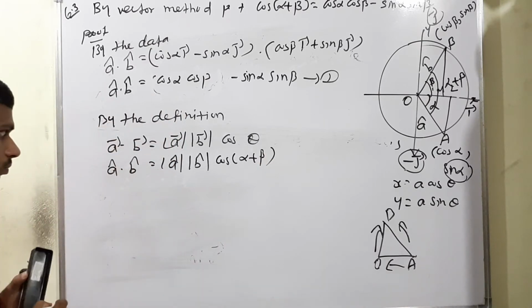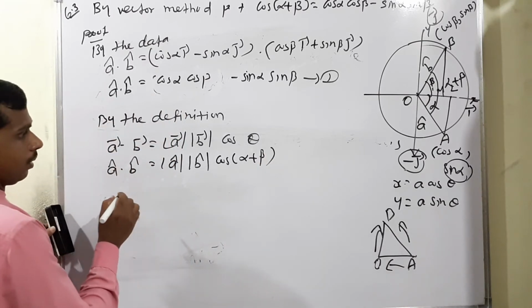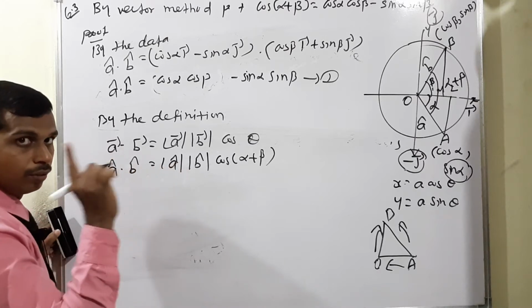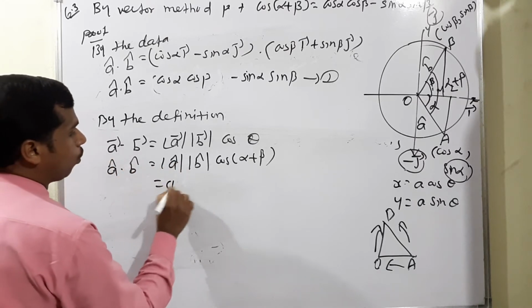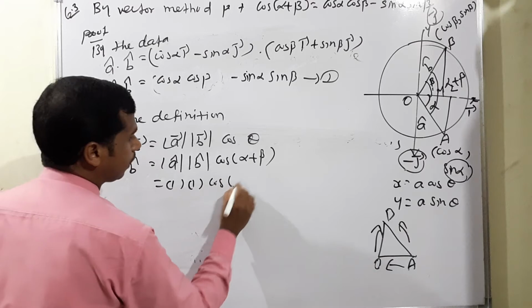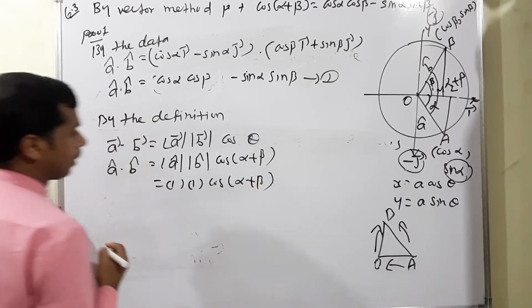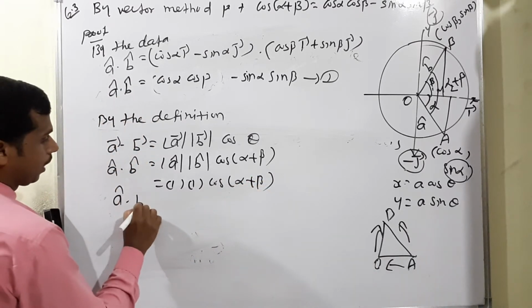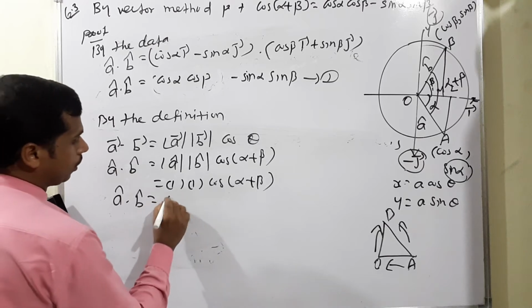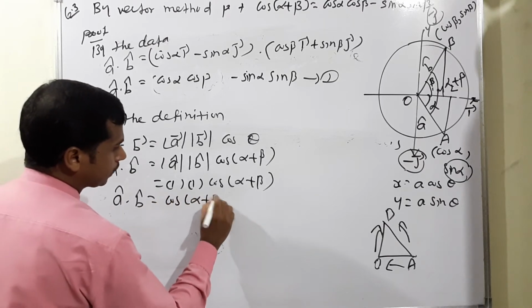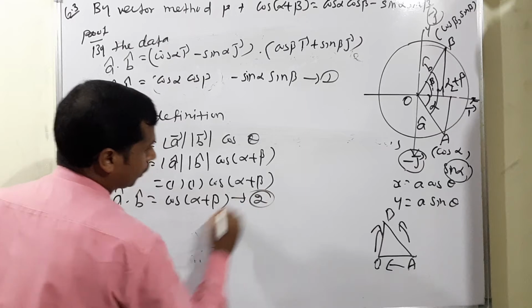Now we already know the unit vector has value 1. Therefore 1 into cos of alpha plus beta. Therefore A cap dot B cap is equal to cos of alpha plus beta. This is equation number 2.